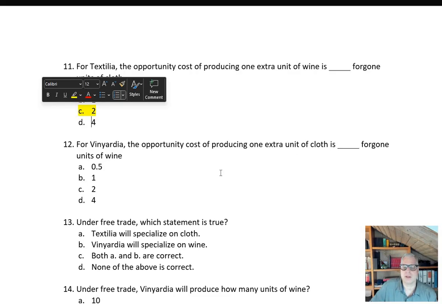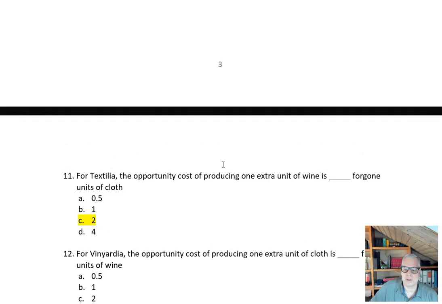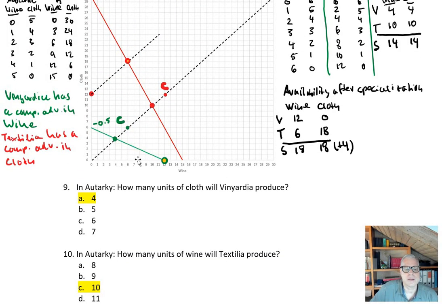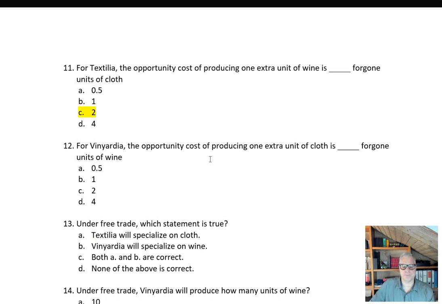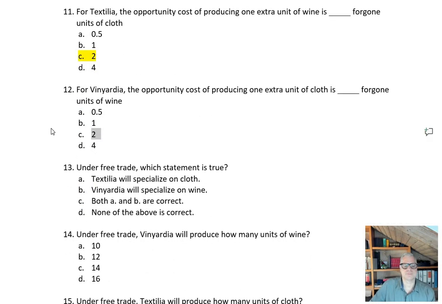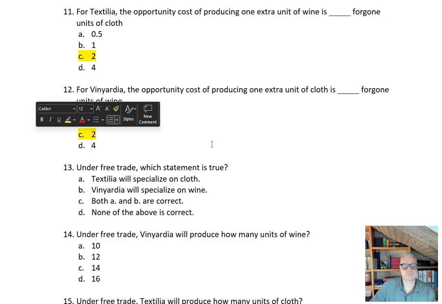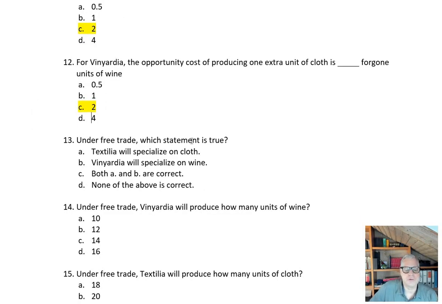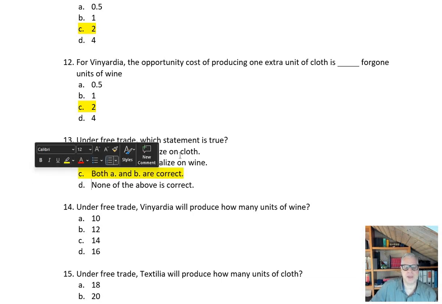So for Vineyardia, the opportunity cost of producing 1 unit of cloth is the inverse of the 0.5, so that's 2. Under free trade, which statement is true? We said Vineyardia will specialize on wine, Textilia will specialize on cloth. So in this case, both A and B are correct.